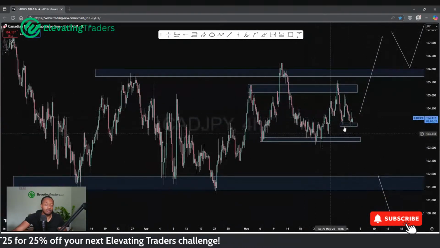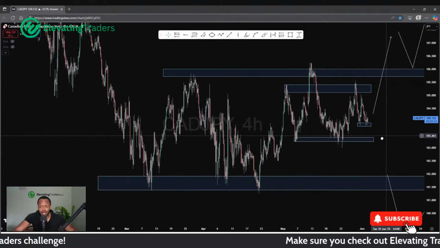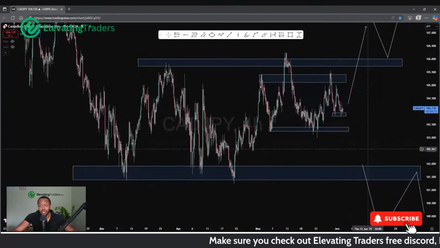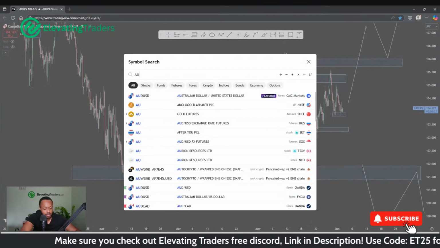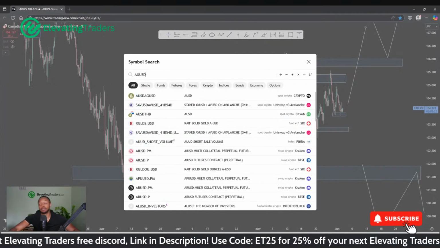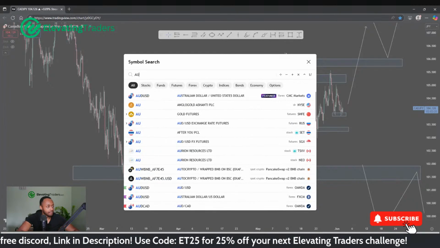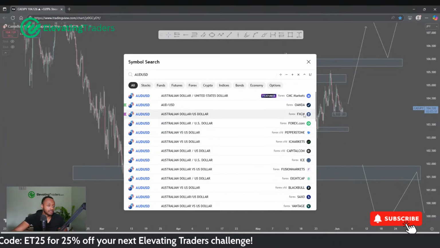So that's what I'll be looking for. But for the most part, CAD yen is very, very flat. So I don't really have much to say apart from wait for highs or lows to clear, and then we can probably drive a much better bias and much better opportunities for CAD yen afterwards. But especially intraday, I'll leave price alone.